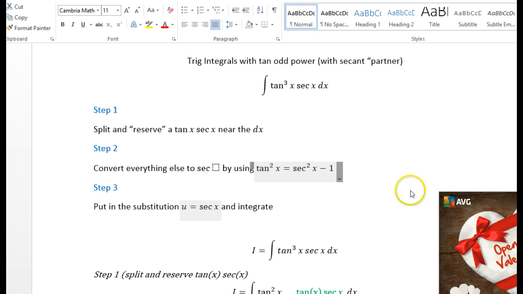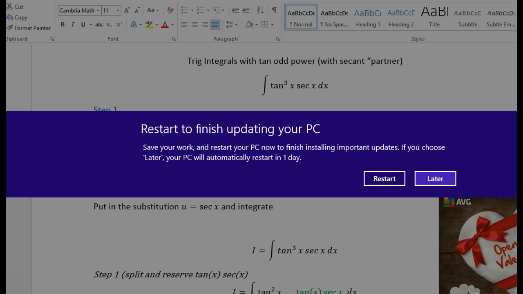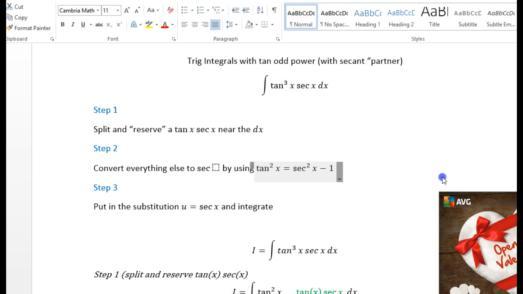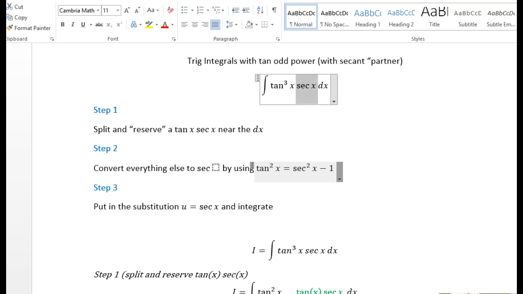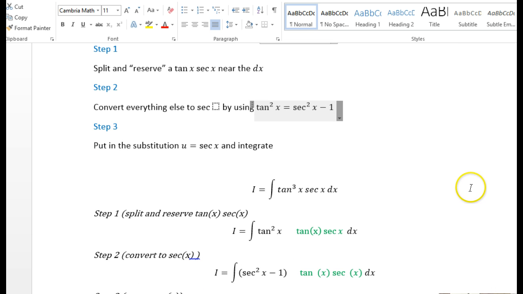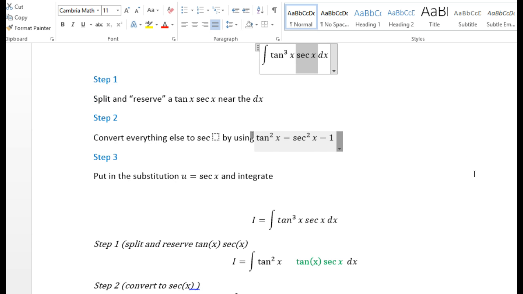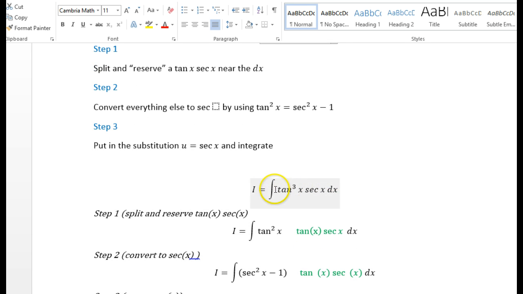Now let's try to see what these things mean. And so let's look at step 1. So step 1 is actually we have your integral, right? Step 1 would be to split and reserve a tangent x secant x.